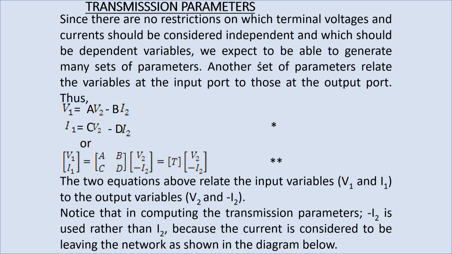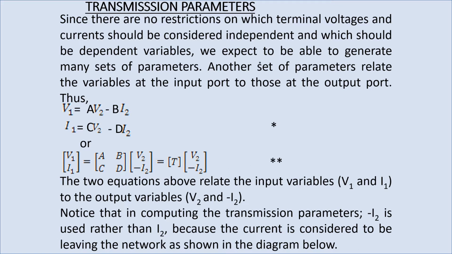Since there are no restrictions on which terminal voltages and currents should be considered independent or dependent variables, we can generate many parameters, which shows that there are different combinations of dependent and independent variables we can have for a two-port network.